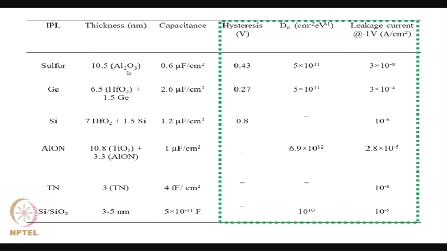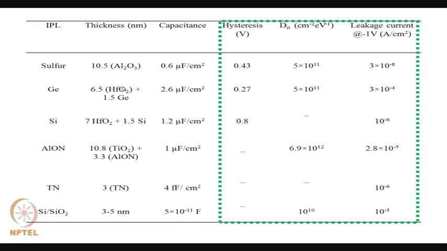The thickness of Al2O3 is 10.5, and with this dielectric layer over gallium arsenide with sulfur treatment, the leakage current is found to be very small, 3 into 10 to the power minus 8 ampere per centimeter square at minus 1 volt. Then DIT is also reasonable and hysteresis is 0.43 volt.